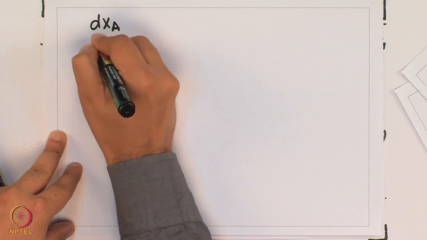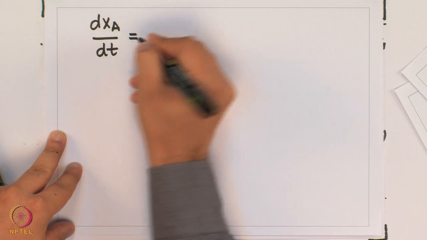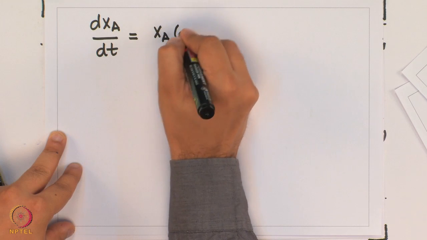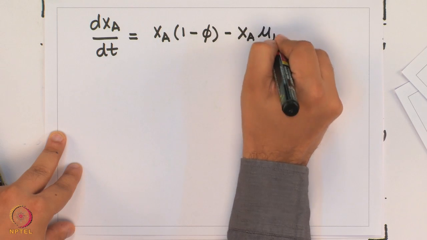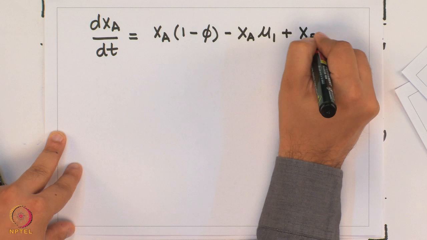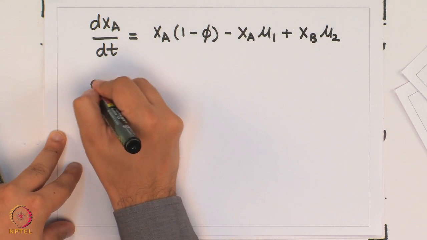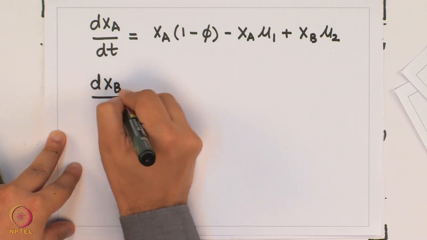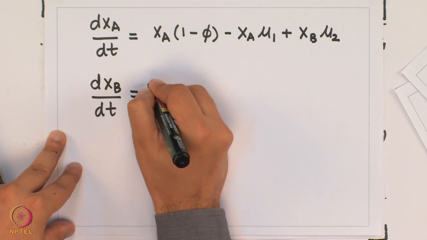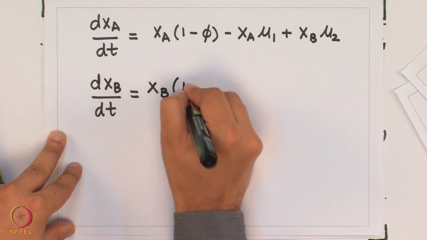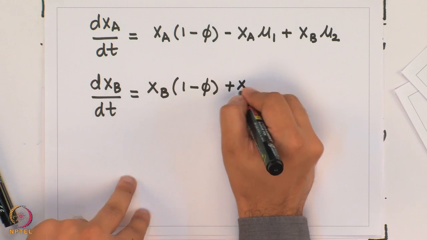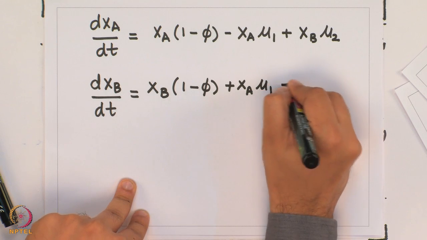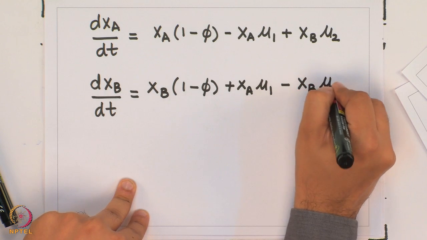With A equal to B equal to 1, we get dxa/dt equals xa times (1 minus phi) minus xa mu1 plus xb mu2, and dxb/dt is equal to xb times (1 minus phi) plus xa mu1 minus xb mu2.